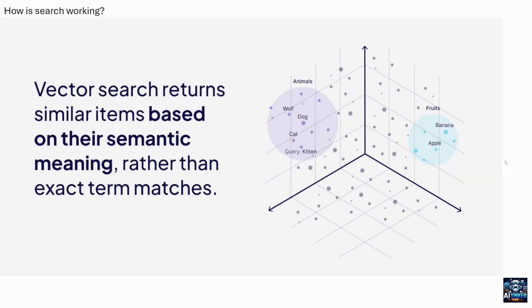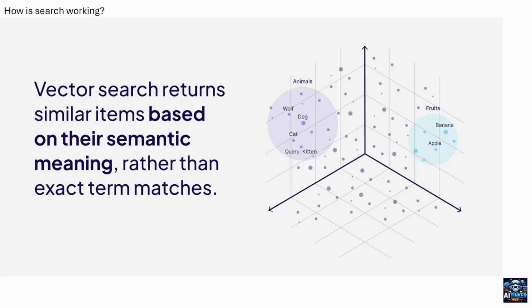Next, let's see a pictorial representation of a vector database. It's very complex in reality, but this is a simplified version. When a search query is passed to a vector database, it returns similar items based on their semantic meaning. Let's say your query is about a pet.